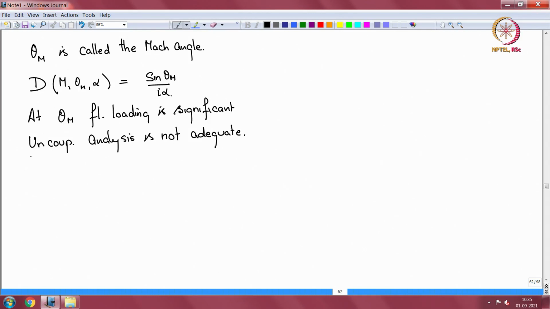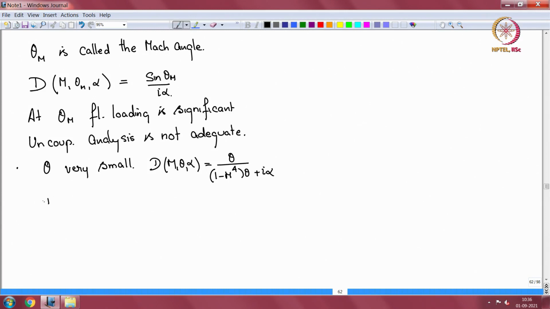Okay. Next, for θ very small, that means close to grazing, okay, you can see that D is equal to θ over 1 minus m to the power 4 θ plus i α.